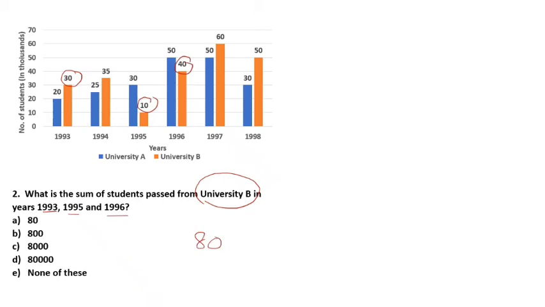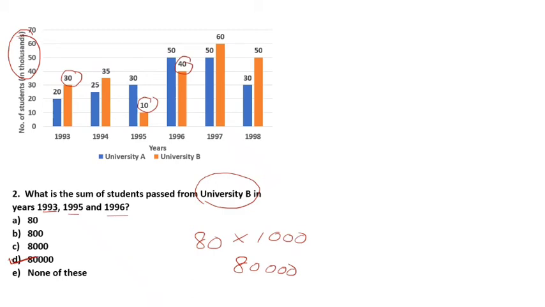So here you can see the number of students, the value is given in what? The value is given in 1000. So 80 means never mark this answer, multiply this by the data given in 1000. So the answer is 80,000. So accordingly you can mark answer D. This is a common mistake done by many students.